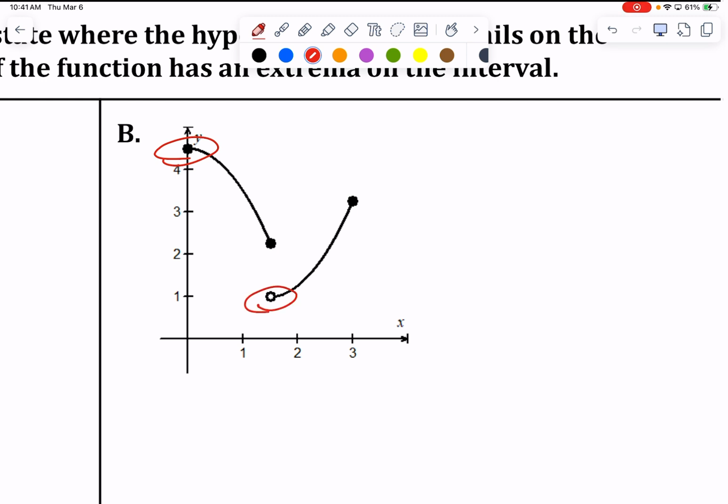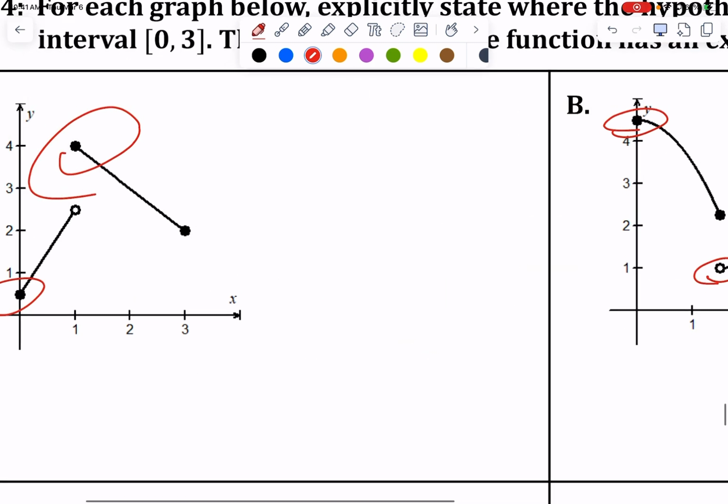Because there's a hole there, and you can keep getting closer and closer and closer and never what? Get there. So there is no... This one had EVT fail, but there's still an absolute what? But absolute max and min occur still.